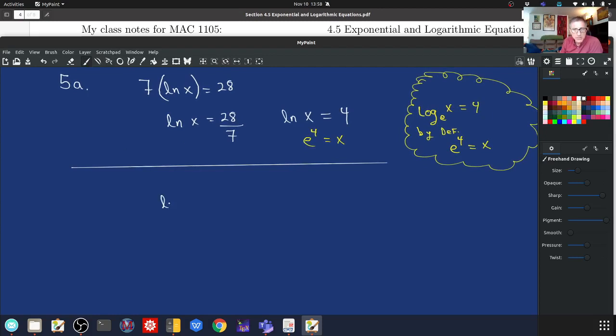So let's do the natural log of x is equal to 4. What we're going to do is raise both sides to the base of the logarithm. If we go all the way back to the very beginning of this lecture, e to the log base e of x is just another way of saying x.